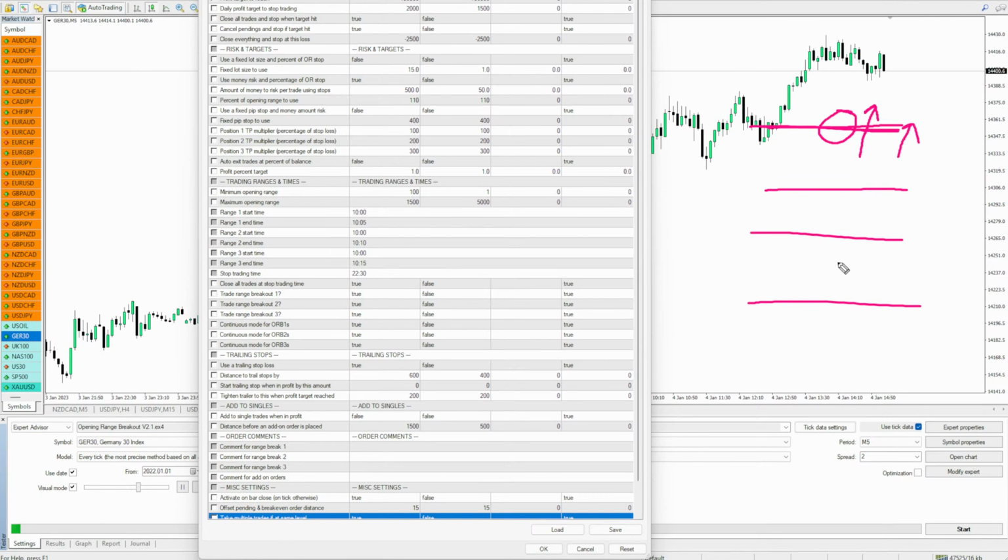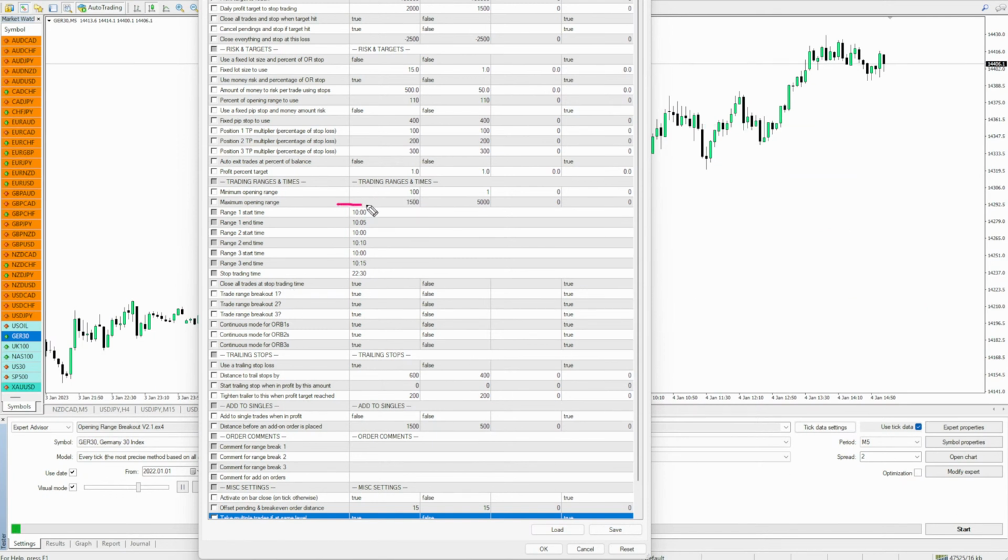If you want it to take all 3, it needs to do calculations. Or if you want it to take just 1 or 2, it needs to do calculations based on, is this level the same as opening range 2 or opening range 3? You don't need to know about the logic too much. I'm not going to go into it in any detail, but just make sure you use these in order. So if you're only trading 2 breakouts, use 1 and 2 and turn 3 off.